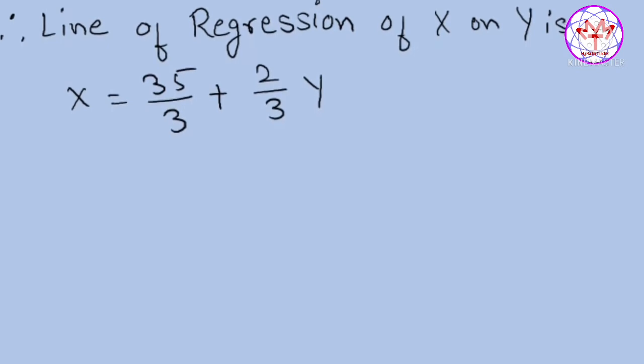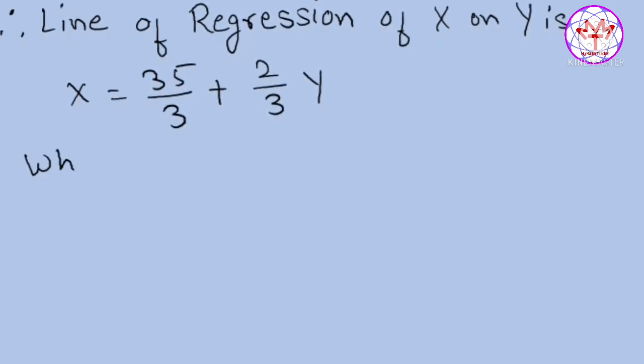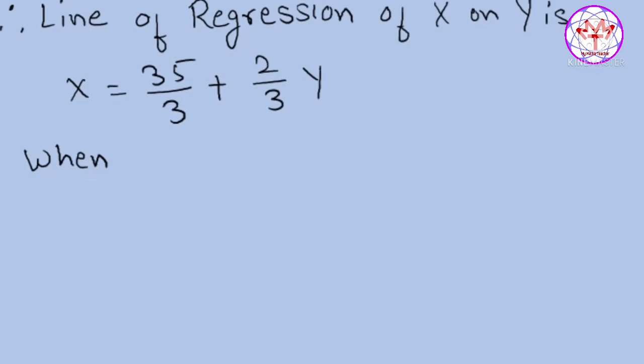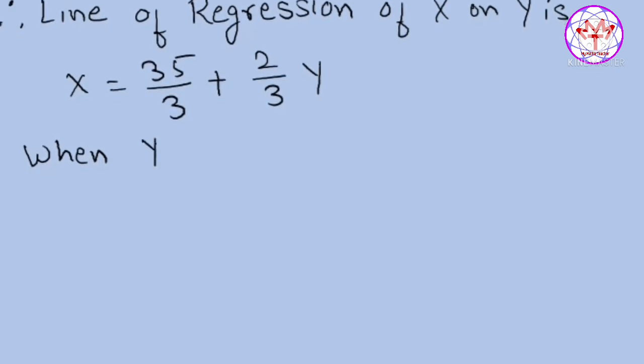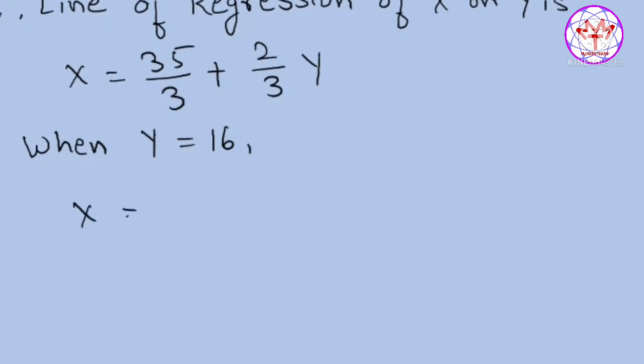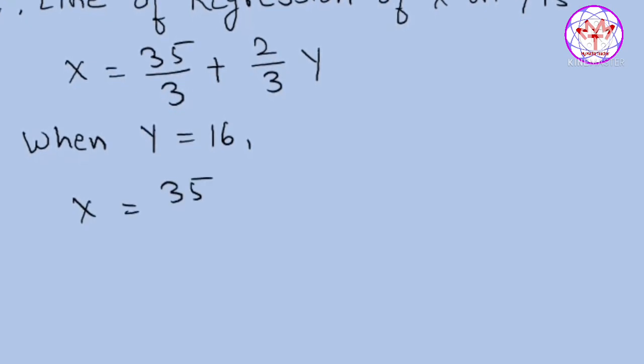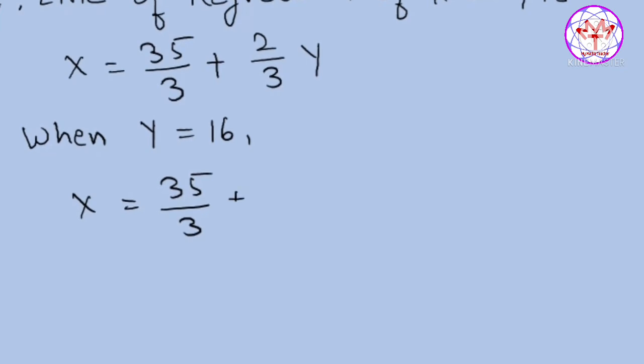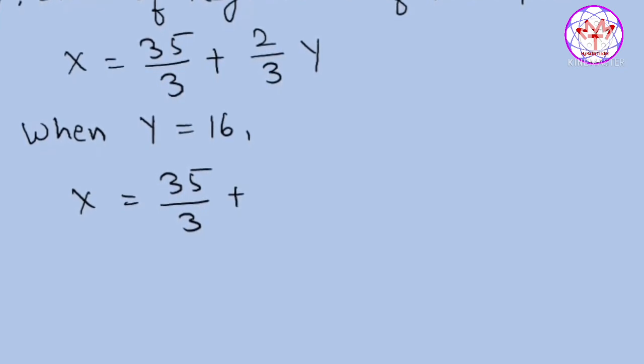Now substitute the value of y, that is when y is equal to 16. We get x is equal to 35 upon 3 plus 2 upon 3 into 16.